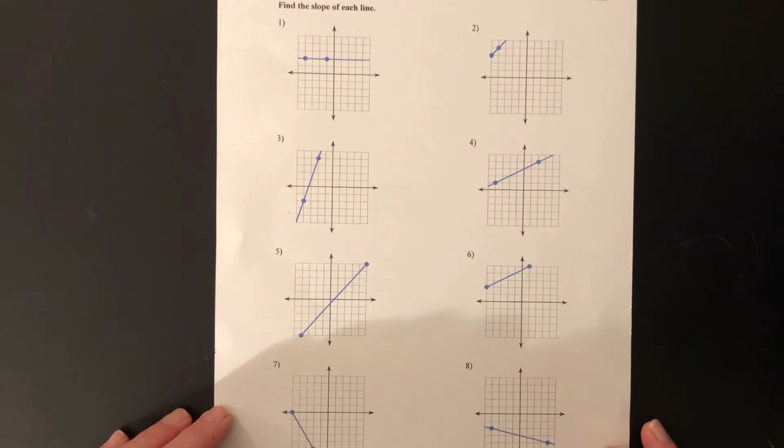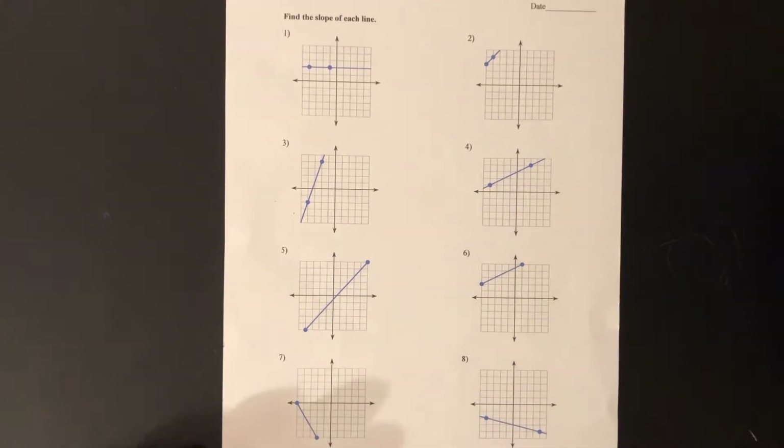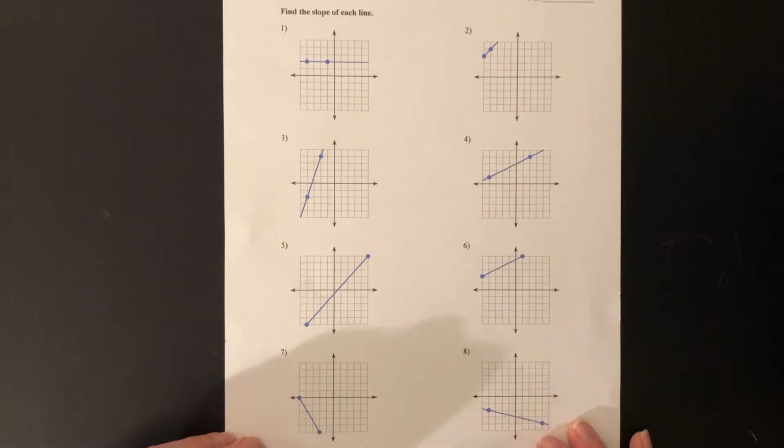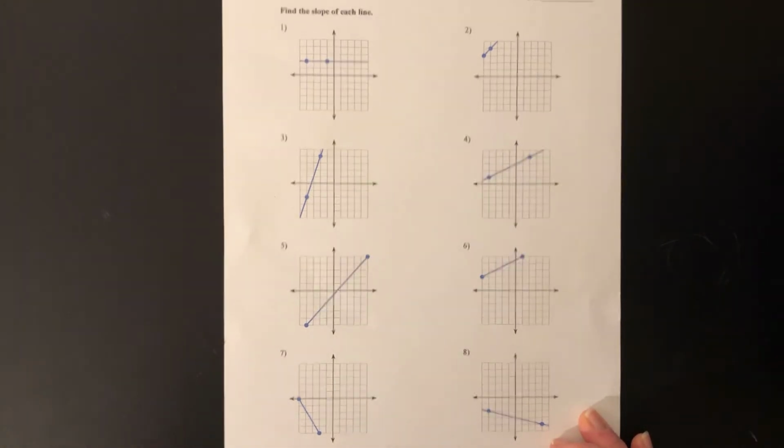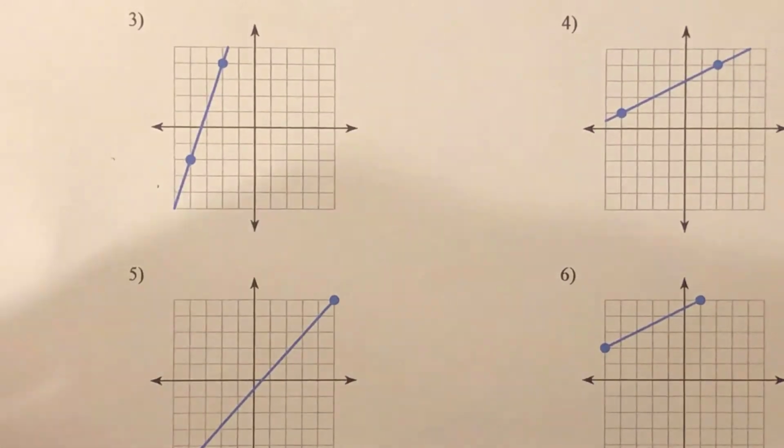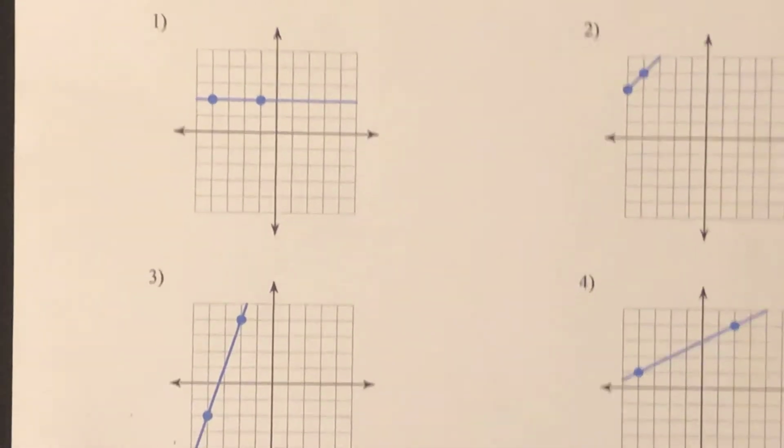We're going to do half of these together and you'll do the rest yourself. So let's look at number 1. Actually, I'm going to zoom in a little bit. There we go, we'll do 1 and 3.